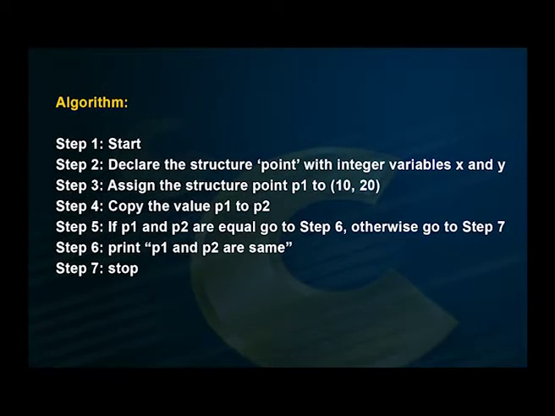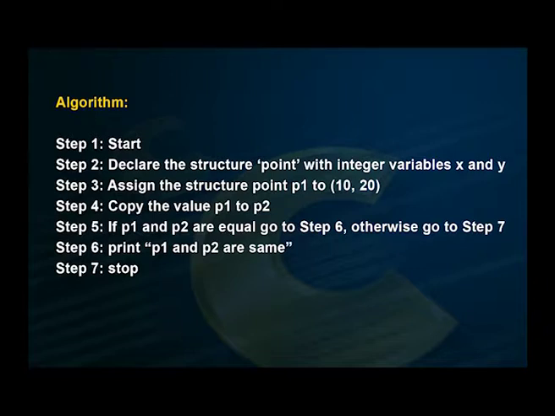Step 1, start. Step 2, declare the structure point with integer variables x and y. Step 3, assign the structure point P1 to 10, 20. Step 4, copy the value P1 to P2.